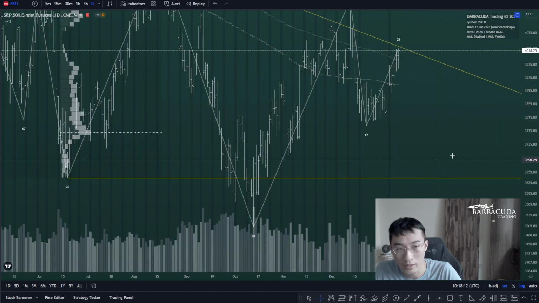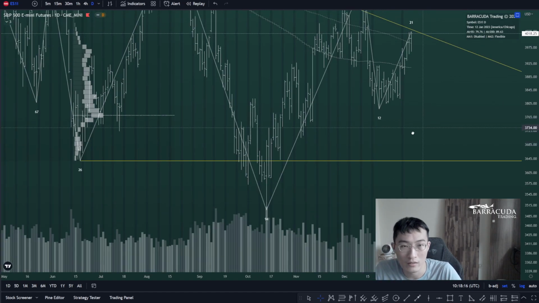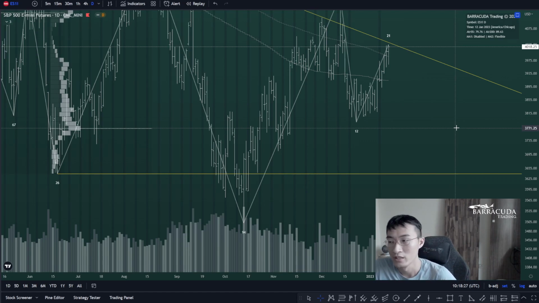So at this point, I think it's quite obvious that someone big is buying. Okay, so if you are a reader of Wyckoff, you know there's this concept of the composite operator, the composite man. It's basically a guy, well, I wouldn't say it's a guy, it's more like a concept of a manipulator that manipulates the markets to his own will.